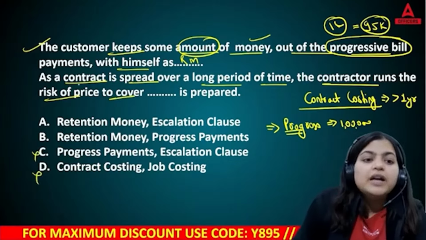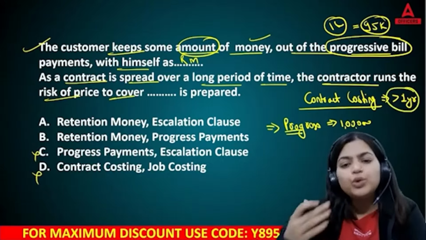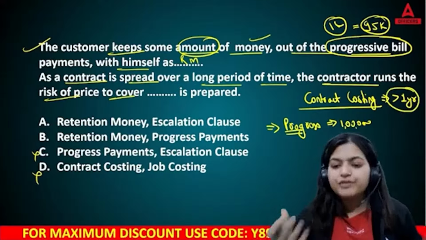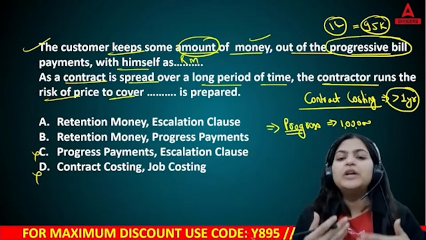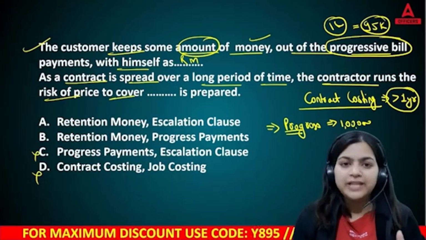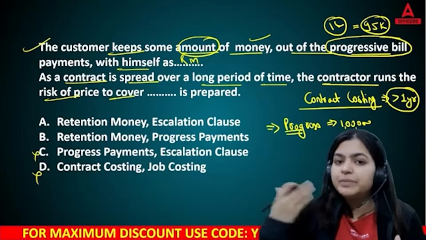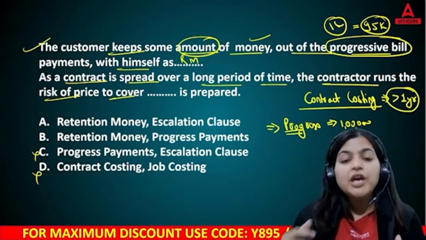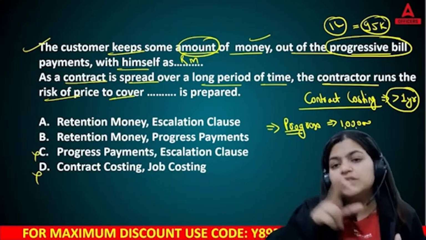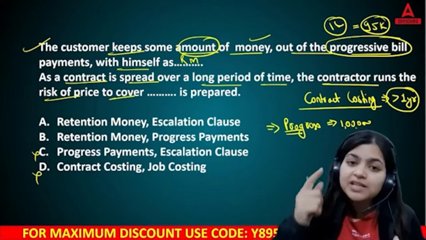Now, a contract is spread over a longer period of time, more than 1 year, and inflation is there. Things are becoming costlier day by day. Let's say you started construction this year, but after 3 years the cost of material and labor will be higher than the current price. Whatever the price increase during this time period, who will bear it? The customer will bear it.